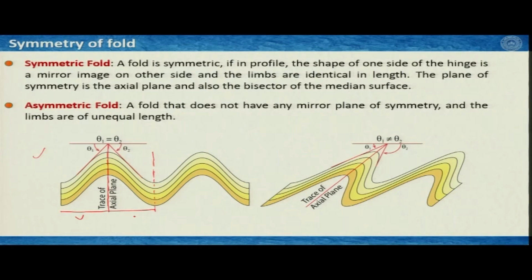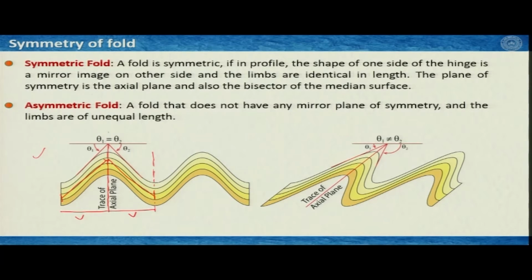So this part and this part are very similar to each other, they are mirror images of each other. Therefore, this folded structure, as per definition, is a symmetric fold. Also, the length of the limb, if I consider from here to here or here to here, considering it has no hinge zone, is similar on both sides.